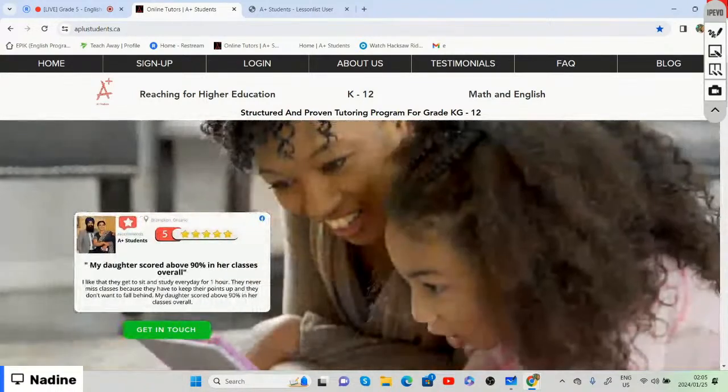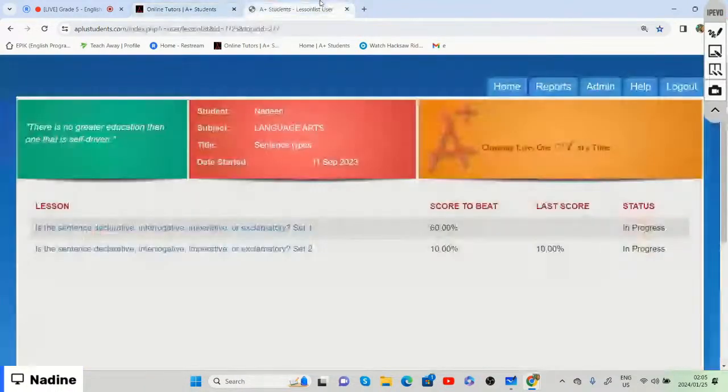And then we're going to scroll down until we get to the chapter of sentence types.